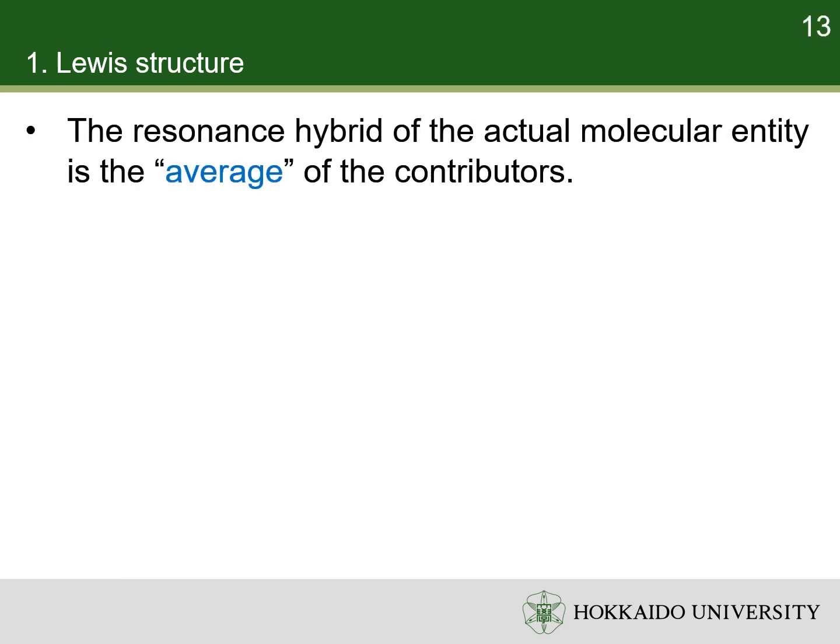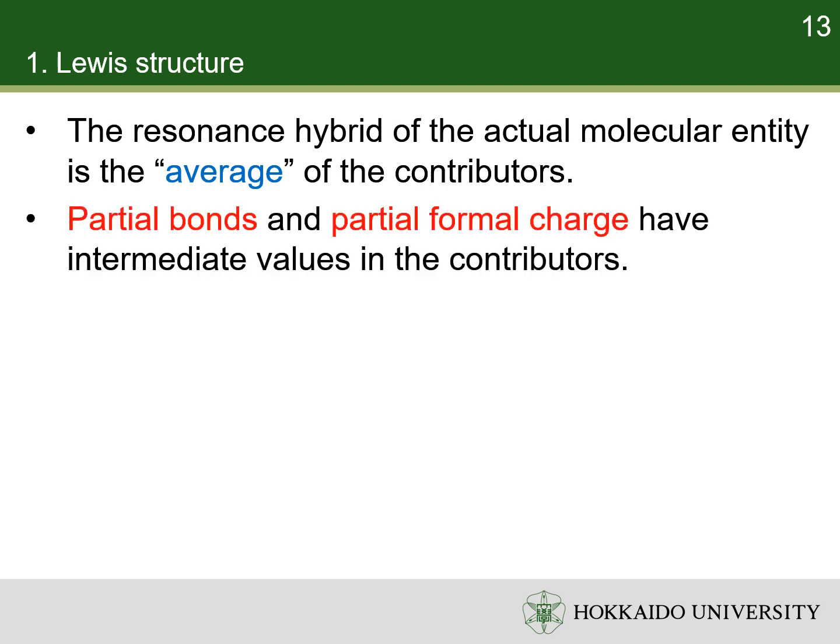When resonance occurs, experimental properties of the molecular entity are inconsistent with any single contributor. The resonance hybrid represents the actual molecular entity as the average of the contributors, with bond lengths and partial charges taking on intermediate values of those in the contributors. For instance, in nitrite anion, each contributor has two different nitrogen-oxygen bonds.